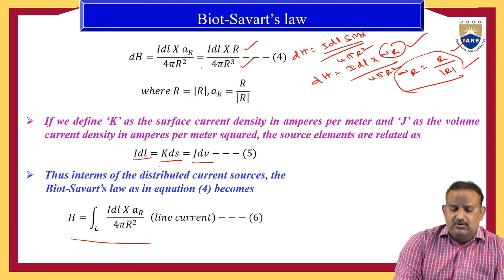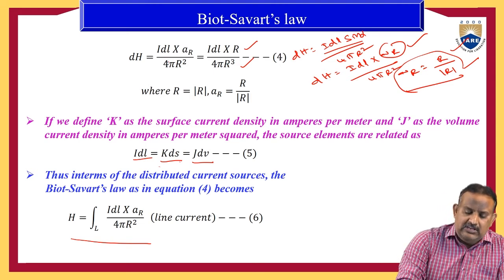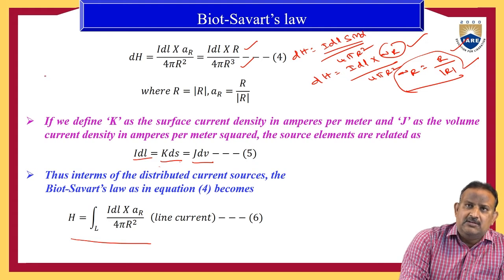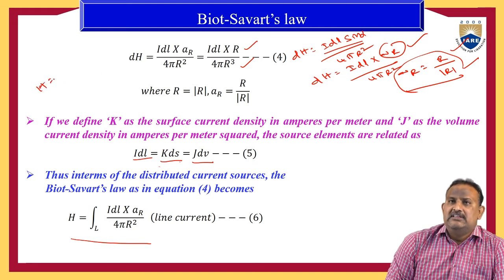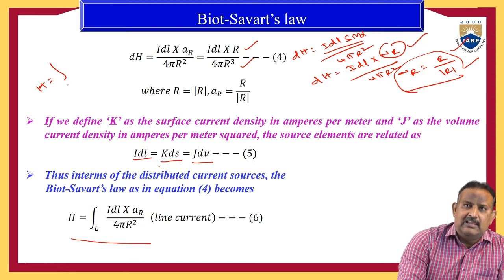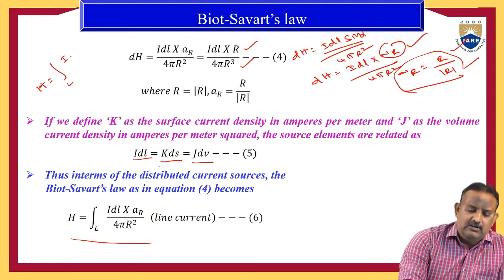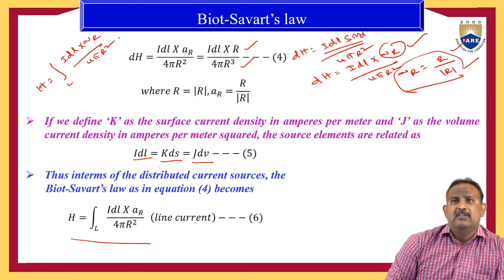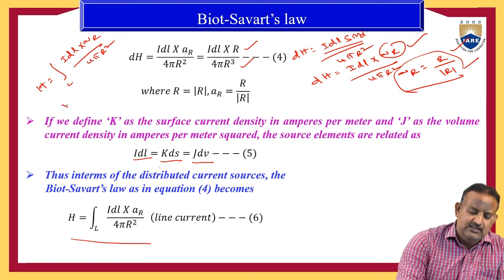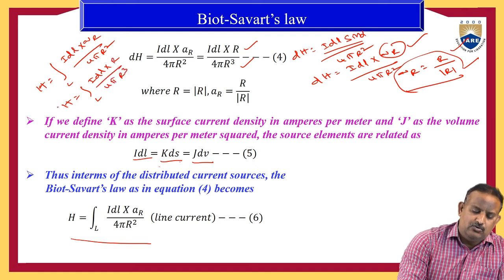If we apply integration on both sides, H, the magnetic field intensity, is equal to the line integral of Idl cross aR by 4 pi r square, or in another way we can express it as H equal to the line integral of Idl cross r by 4 pi r cube.